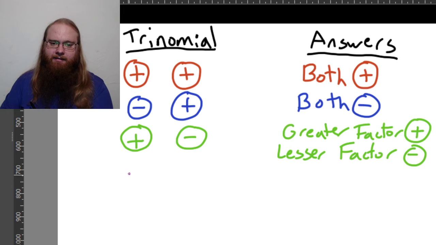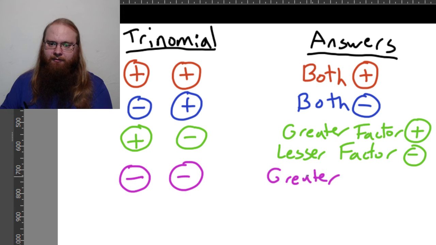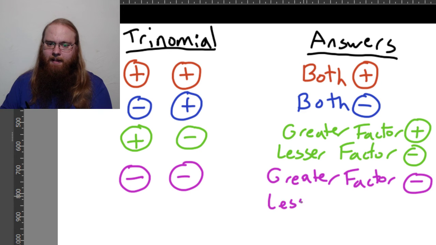And last but not least, part 4 taught us that if we have a negative middle number and a negative last number, that our greater factor is going to be negative and our lesser factor is going to be positive.